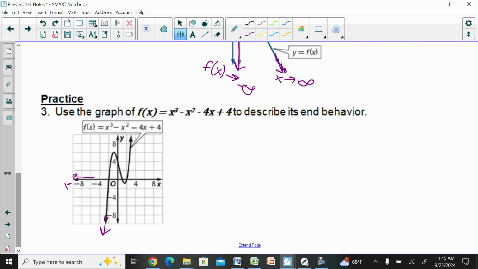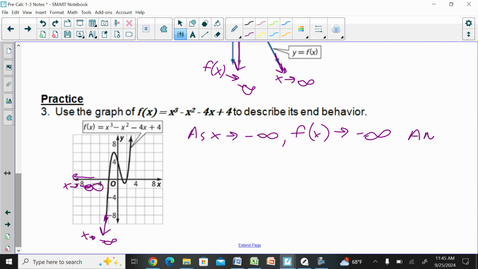So as x is approaching negative infinity, then y is also approaching negative infinity here. So we could write that as a statement: as x approaches negative infinity, f of x approaches negative infinity. So that's the left-hand side.